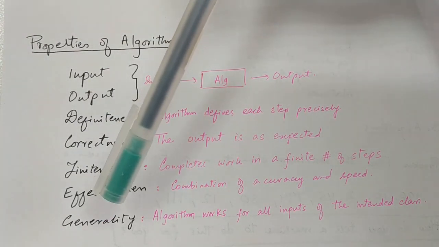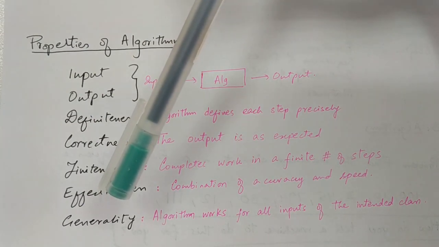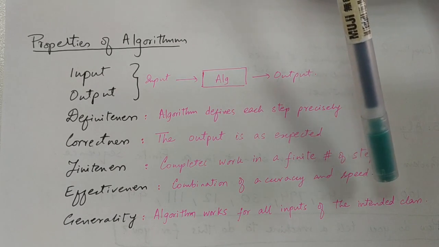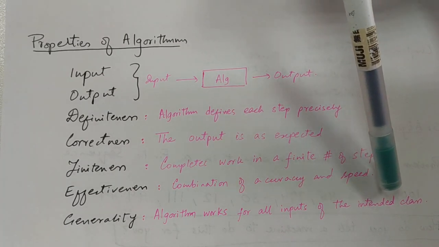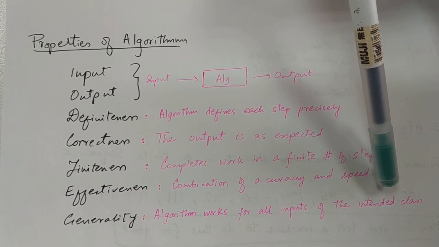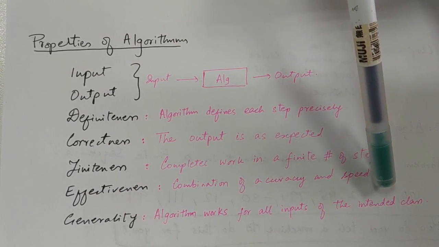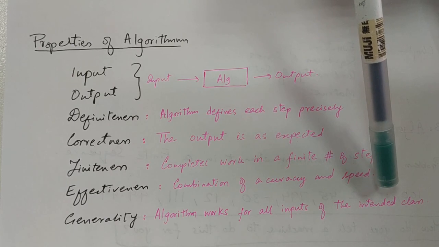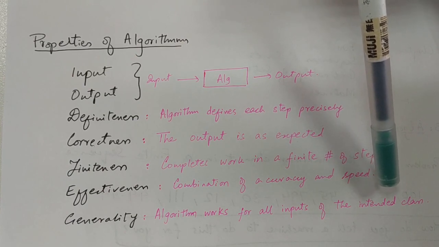And finally, your algorithm should be a general algorithm. What that means is it should be able to solve any problem of the intended class. So for example, if I have designed an algorithm to find the maximum element from a list, it should find a maximum from, let's say, integers. If I intended to find maximum elements from the real numbers, then it should also work for a list of real numbers. If I give it an irrational number, it shouldn't have a problem.